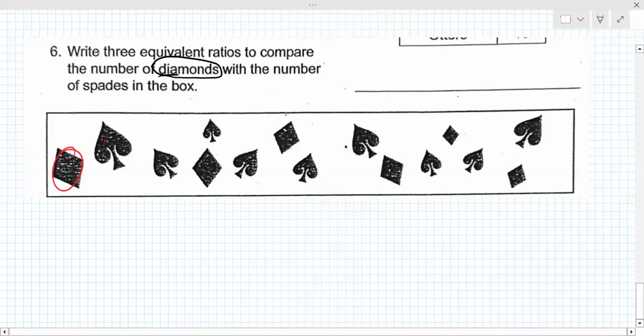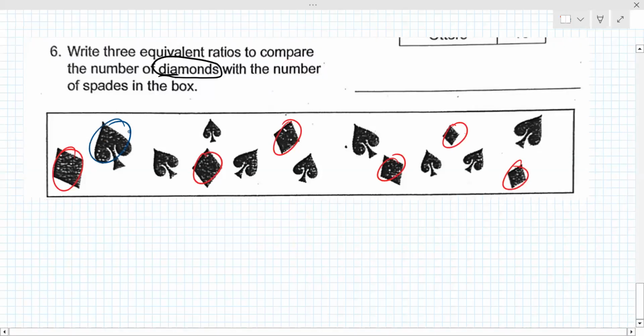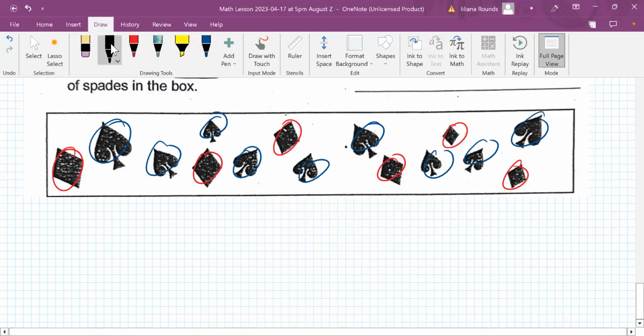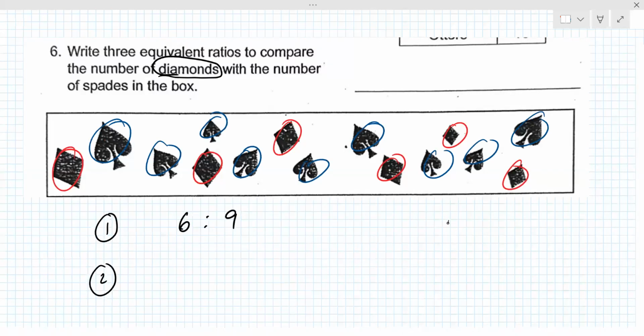There are 6 diamonds and 9 spades. So option 1 would be 6 diamonds to 9 spades.